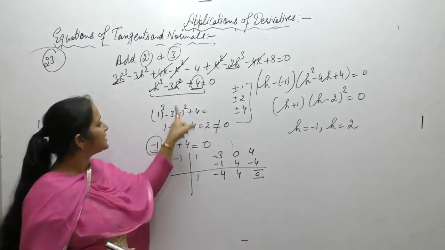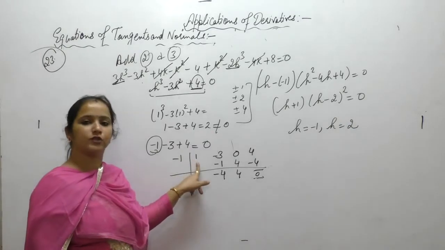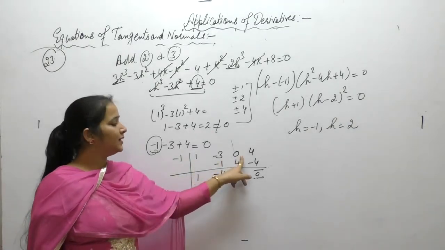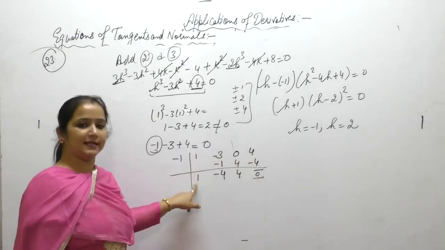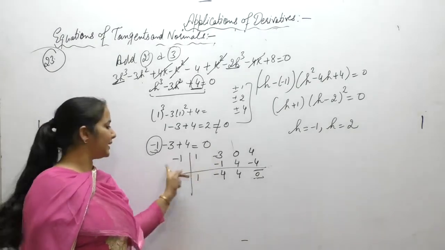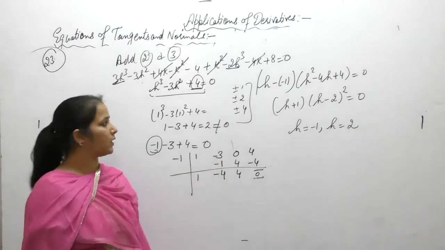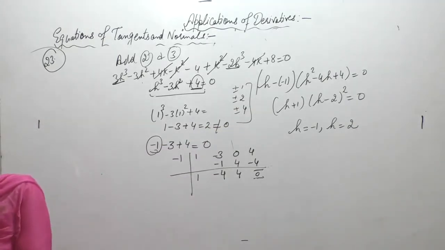So minus 1 is one of the factors of this cubic polynomial. Then write the coefficient of cube term, square, x term and then the constant term. First term as it is, then multiply, add here, again multiply, then add and so on. Now value of h is minus 1 and 2.